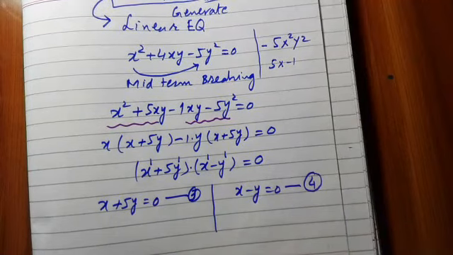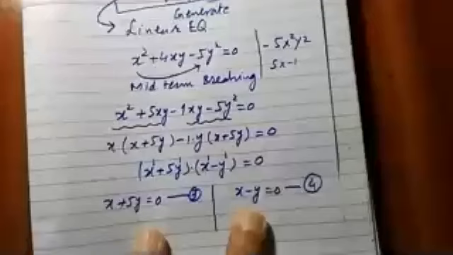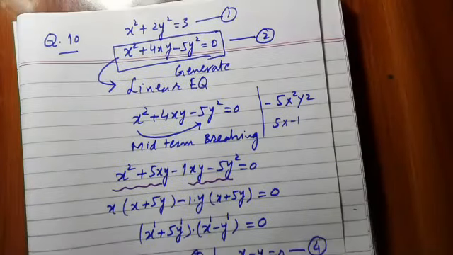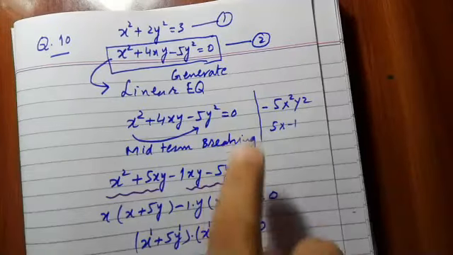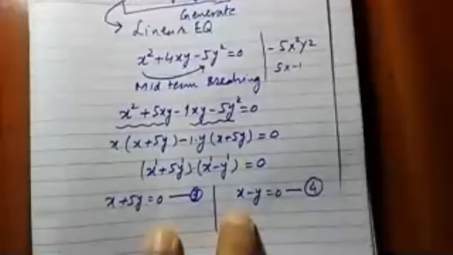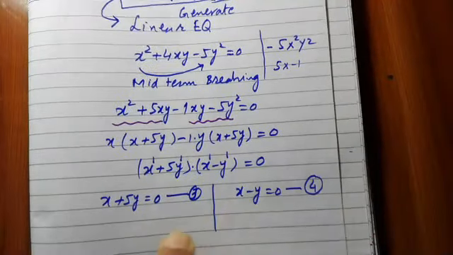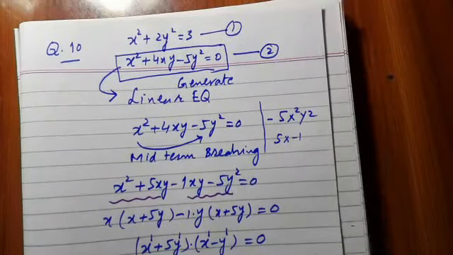So as I told you earlier, we will first generate 2 linear factors or 2 linear equations from this compound quadratic equation. You can see that from equation number 2, we have generated 2 linear equations. You will put them separately, and then we will solve equation number 3 with equation number 1. This above quadratic equation is equation number 1.